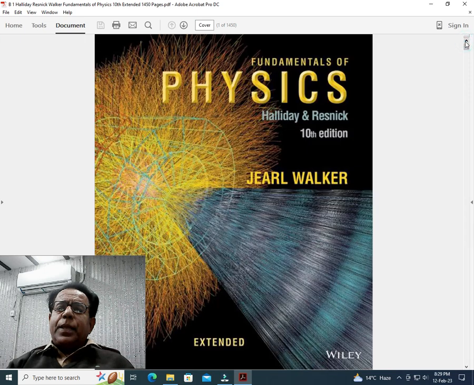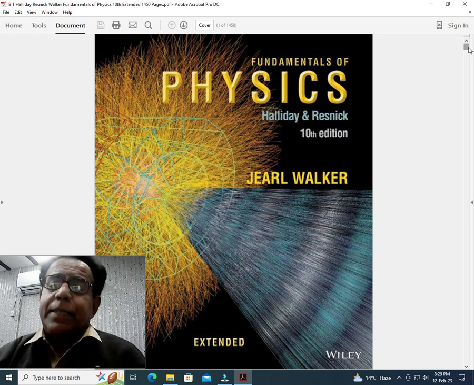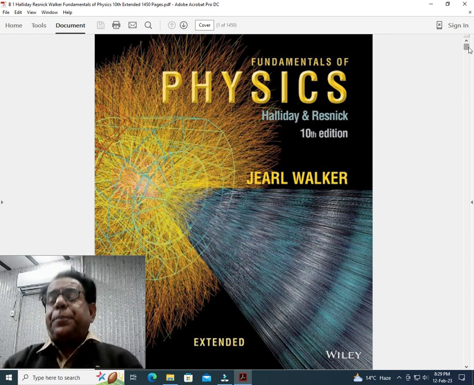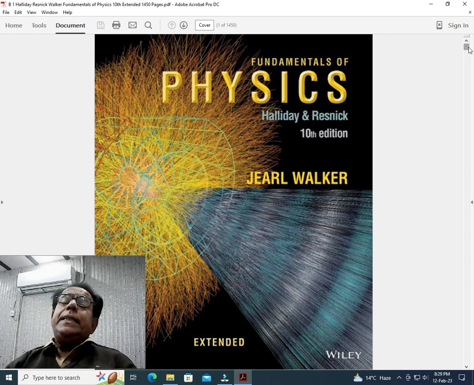Extended. Dear students, actually extended means it has included modern physics. In the earlier editions of this book, modern physics was not included.